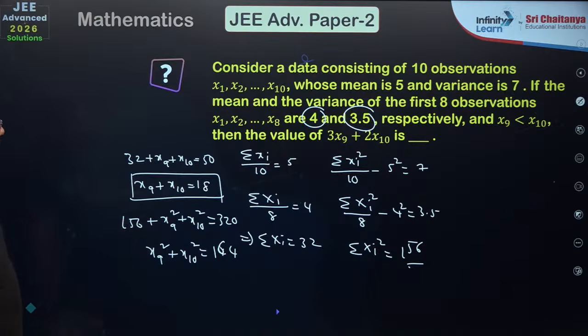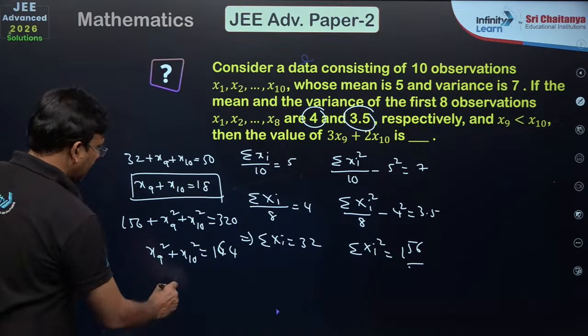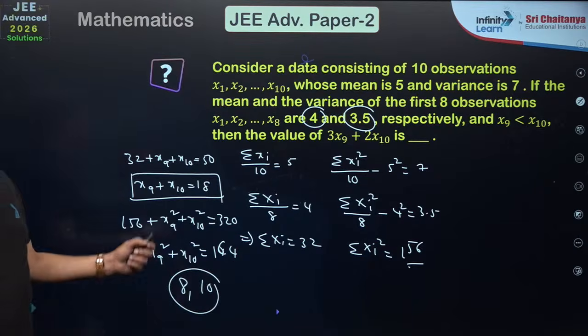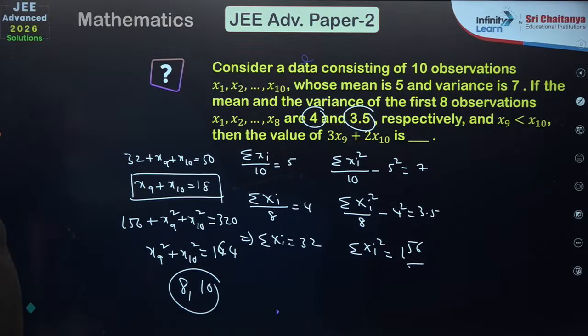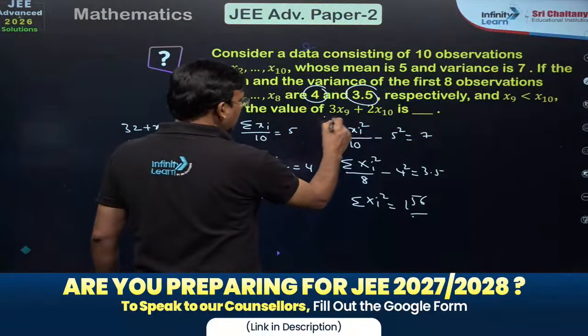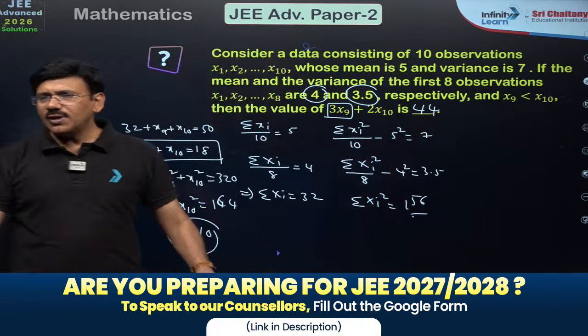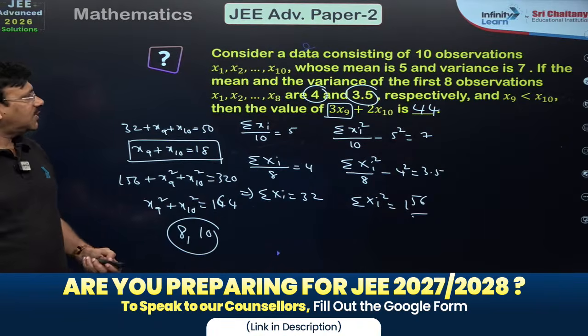From these two you can find x9, x10 to be 8 comma 10, 100 plus 64, 10 plus 18. So smaller is x9, so 8 into 3, 24 plus 20, 44 is the answer. It's a purely mains level question, right?